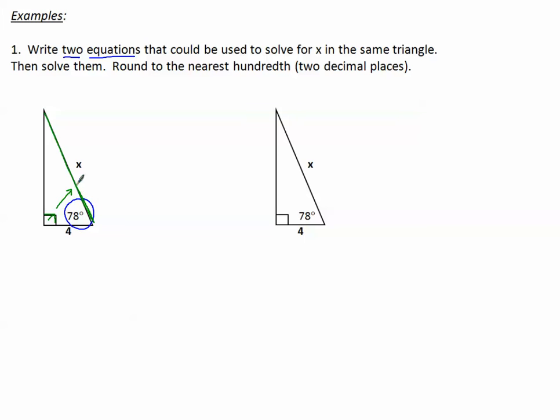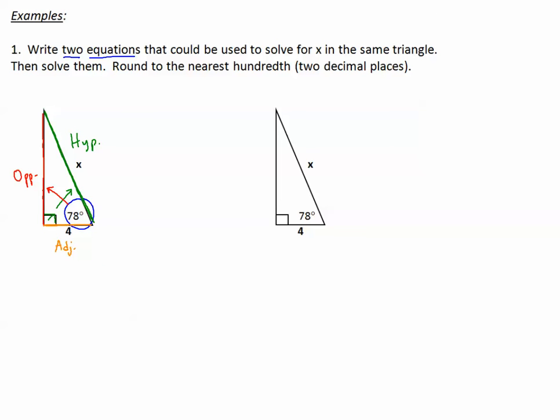This side right here across from the right angle is the hypotenuse. So let's label that hypotenuse. Then from our acute angle, we look opposite from it, and that side opposite, we label opposite. Next to this acute angle, we label that adjacent. So there we've labeled our sides according to this acute angle of 78 degrees.